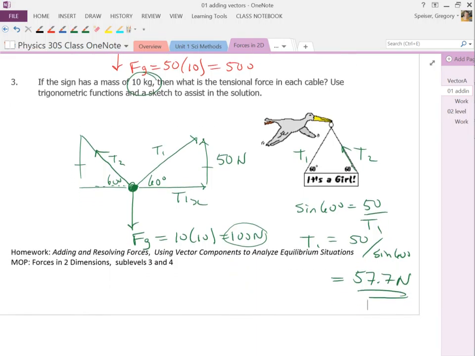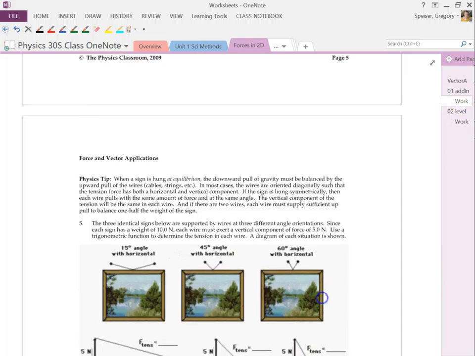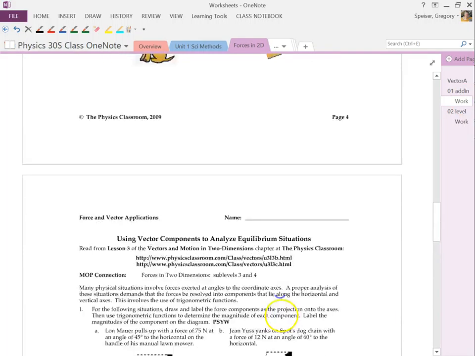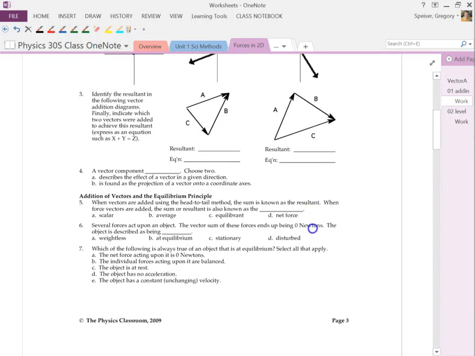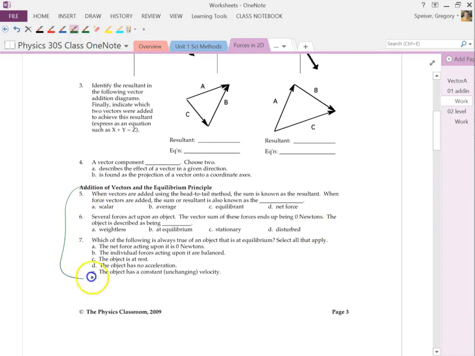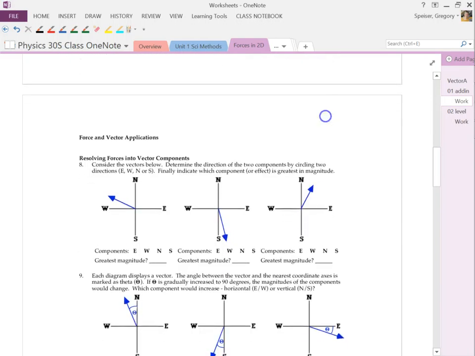Okay, so I hope that made some sense to you. I know I went through those questions kind of quickly. Your homework is going to be, if you take a look at the worksheets, some pretty similar ones to what we just did. So first of all, this adding and resolving forces is really a throwback to our earlier vectors unit. It starts out pretty easy. There's a couple of easy multiple choice questions about what is equilibrium.